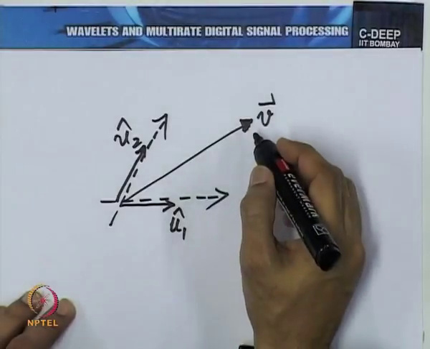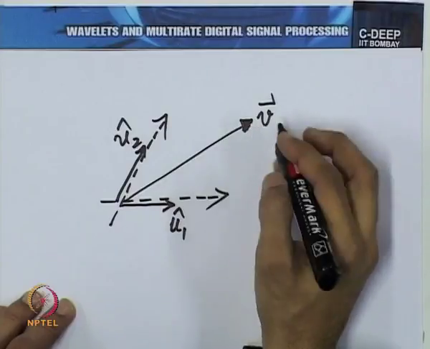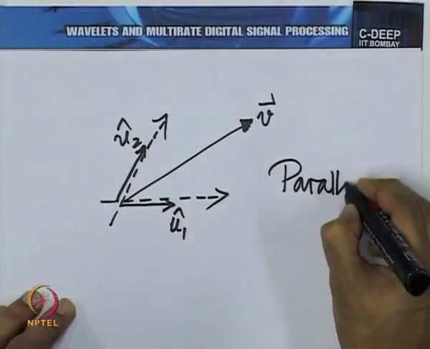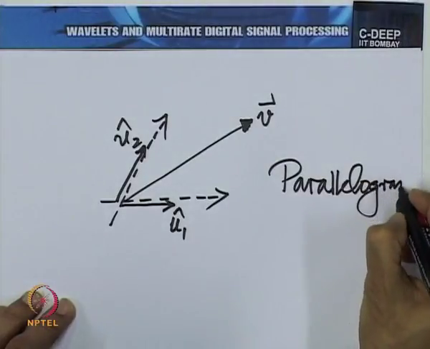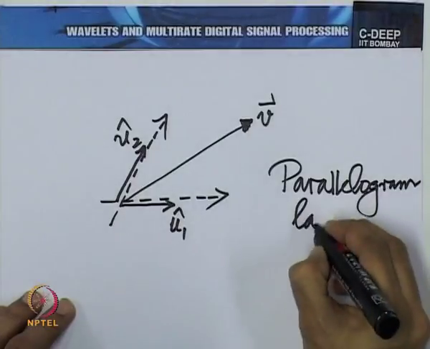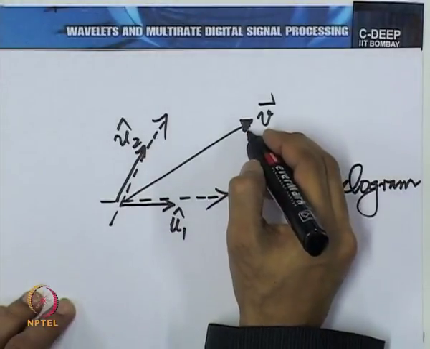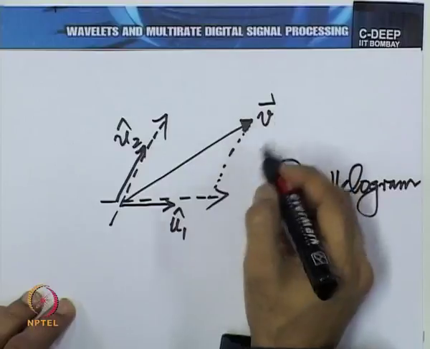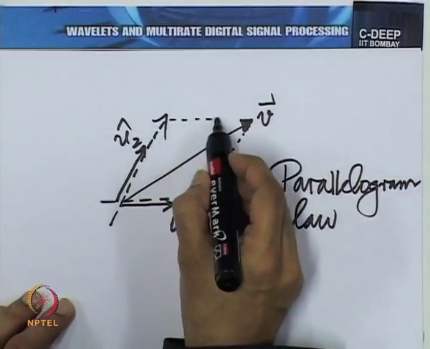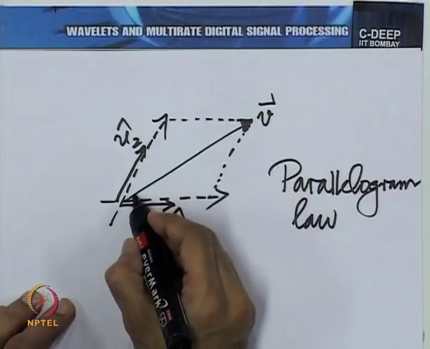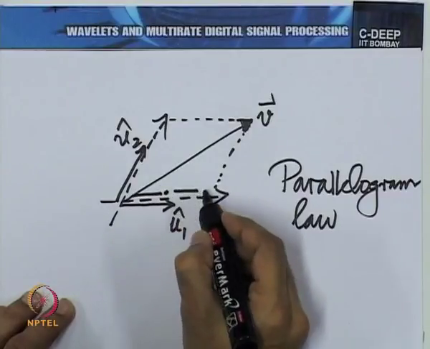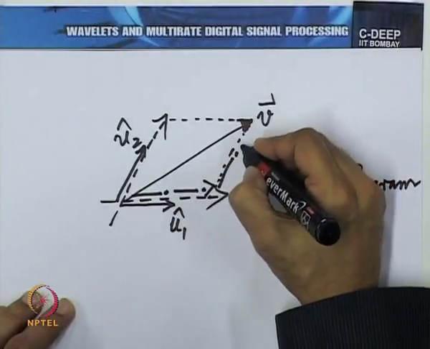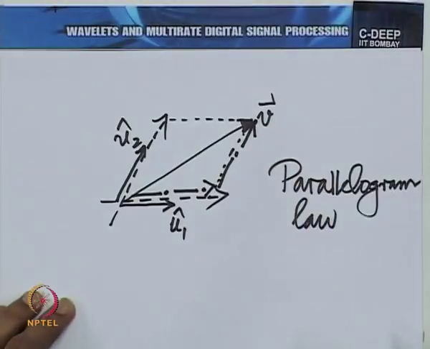Indeed, I could complete a parallelogram here. So, using the parallelogram law, I could draw a line parallel from the tip of this vector to this u2, another one parallel to u1 from the tip of the vector, and it is very easy to see that this dot dash vector here plus this dot dash vector here gives me v.